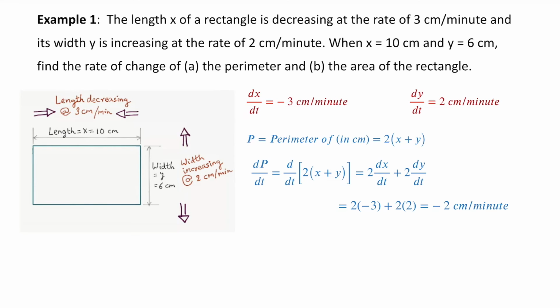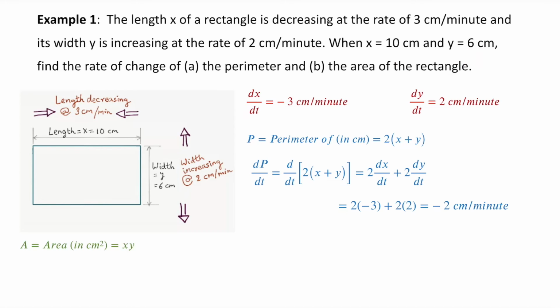So whether x is 10 centimeters and y is 6 centimeters, or even at other moments when they take different values, dP/dt always is minus 2 centimeters per minute. So the perimeter is always shrinking at any point in time, and also at the time when x is 10 and y is 6. Let's see what happens to the area.